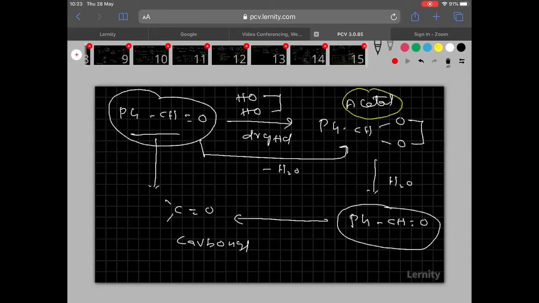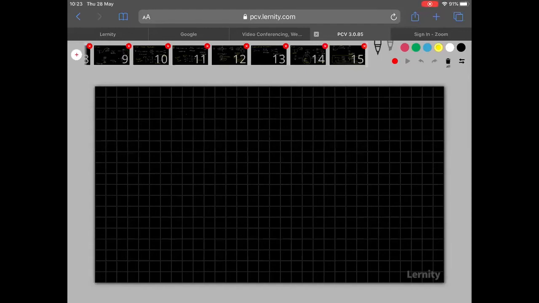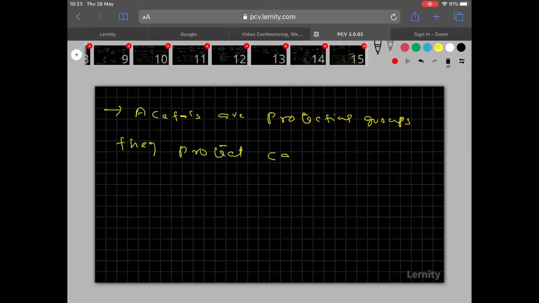Is it clear, everyone? So carbonyl group is protected by the formation of what? Acetal. So I can come to a conclusion that acetals are protecting groups. They protect the carbonyl group.